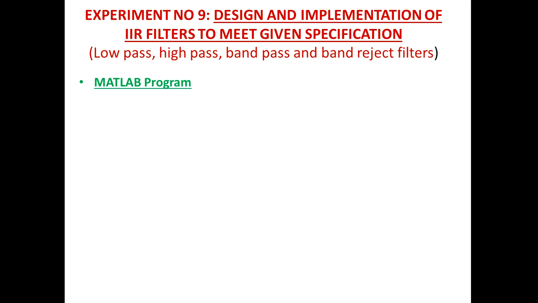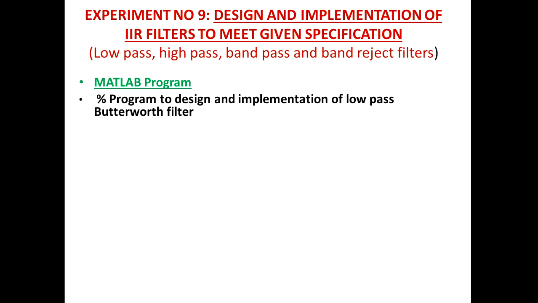By that order and the cutoff frequency, we are obtaining the filter coefficients, that is the transfer function H of z. For that transfer function, we are going to plot the magnitude and the phase response. So first, we are writing the program for the low pass Butterworth filter.